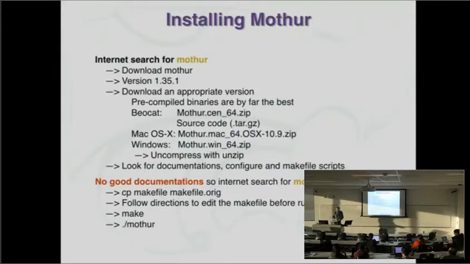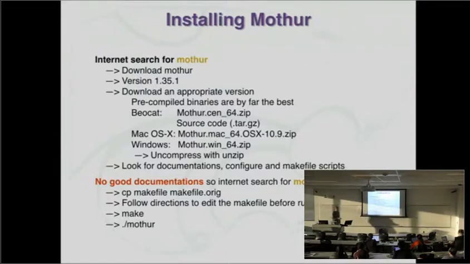So this is an example called Mother. This is a bioinformatics code. And in this case, all we really had to do was download it. And they actually have some precompiled binaries. Now, even if you see there's a whole long list of what you can download, it's not always clear to most people whether those precompiled binaries will work.